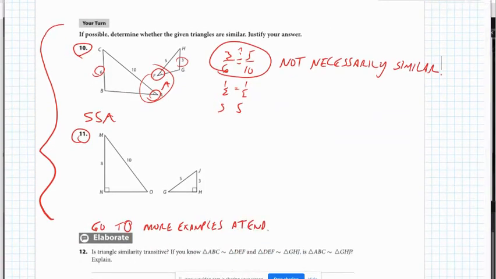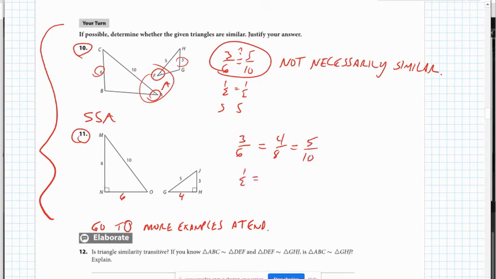Okay, and then number 11. Looks like it is also SSA. This is SSA as it's given, but since they're right triangles, we can find the missing side using the Pythagorean theorem. So if you use the Pythagorean theorem, that side would be 4, and this side would be 6, and then we can show that they are actually similar, because short side over short side equals medium side over medium side equals hypotenuse over hypotenuse.